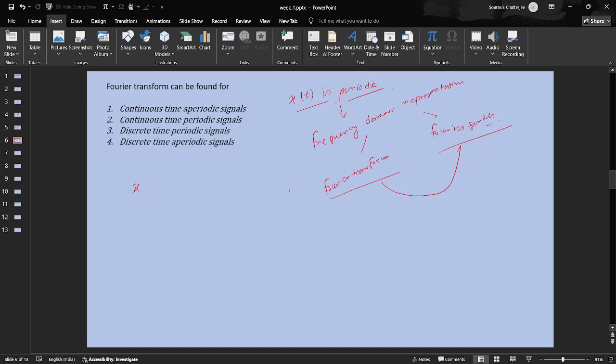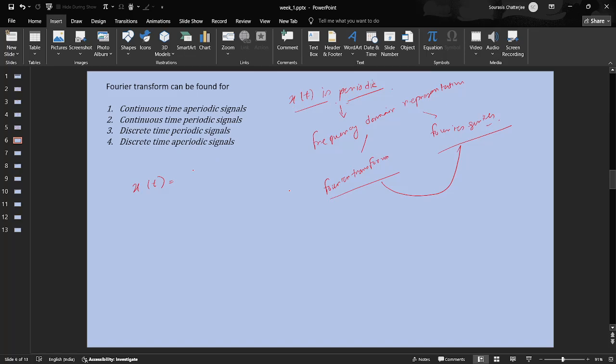In the Fourier transform, both the time and the frequency are continuous. In the Fourier series, the time is continuous and the frequency is discrete. But in the Fourier transform, both time and frequency are continuous. Nice.